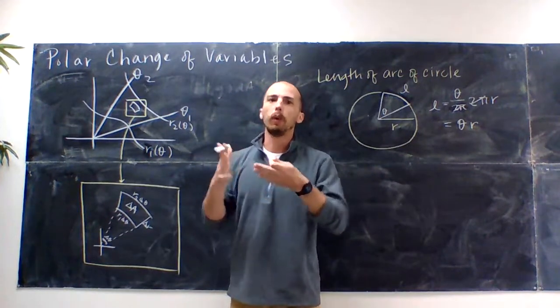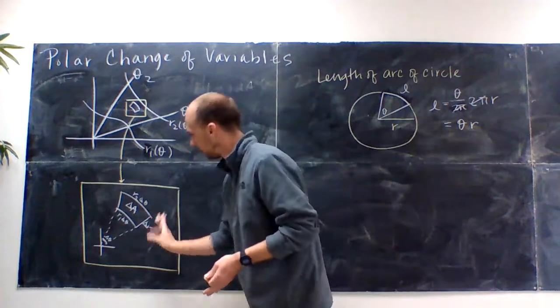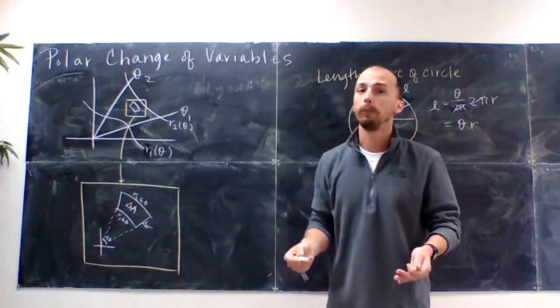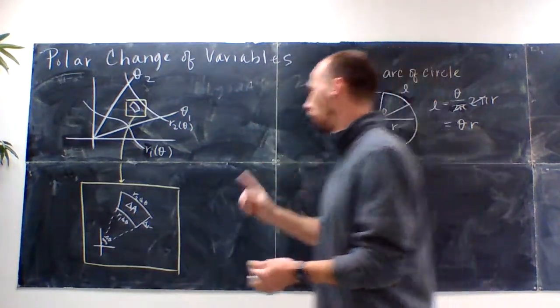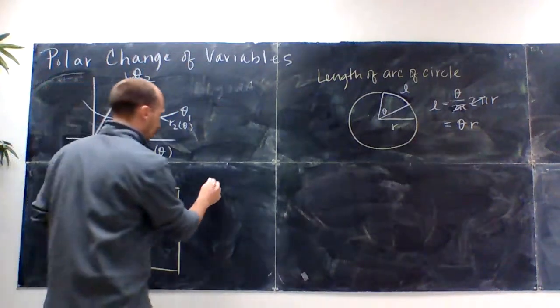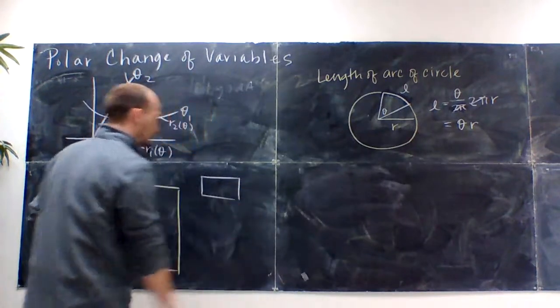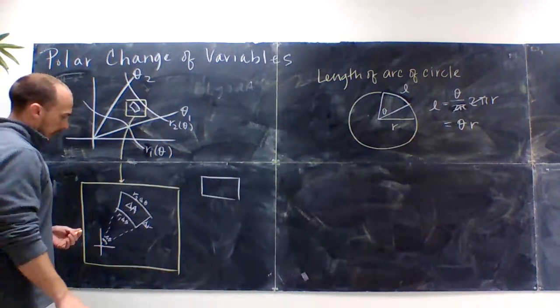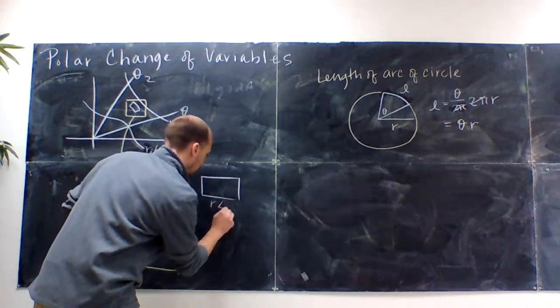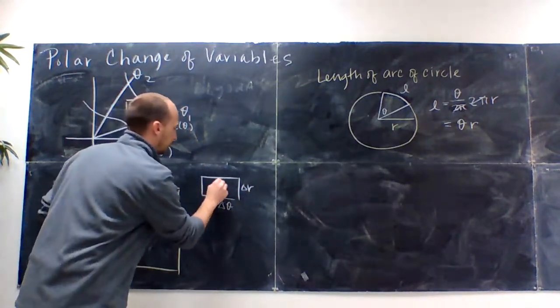They're going to approach a single length, and so we're just going to call that R. That's what I'm saying. So in the limiting case, we've got something that is getting closer to rectangular, and it's going to be R delta theta times delta R.